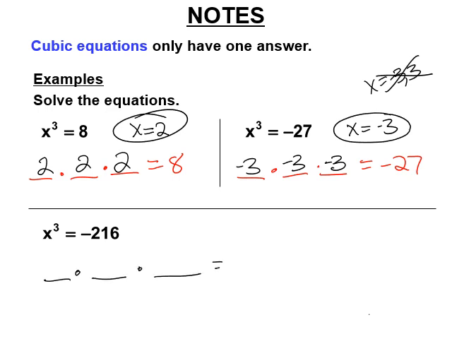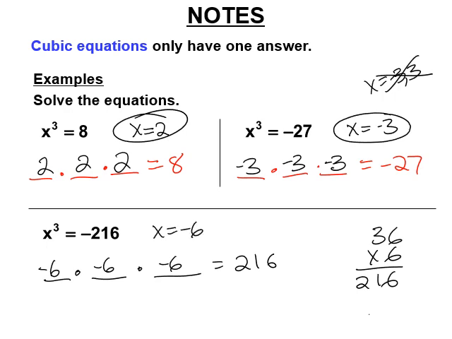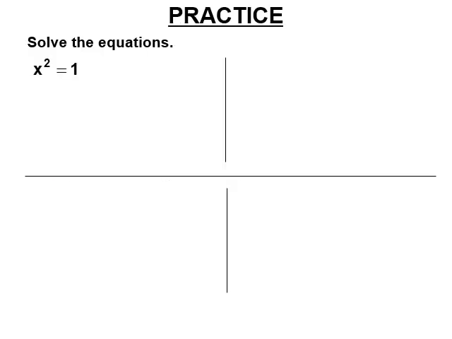All right, we did 216 in the last unit. For those, negative 6 times negative 6, positive 36, times another negative 6. Yeah, 36 times 6 is 216. So x here is negative 6, because that's the only way you get negative 216. So that's a quadratic. Both 1 and negative 1 make it true.